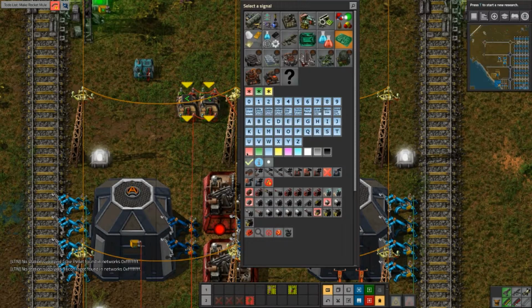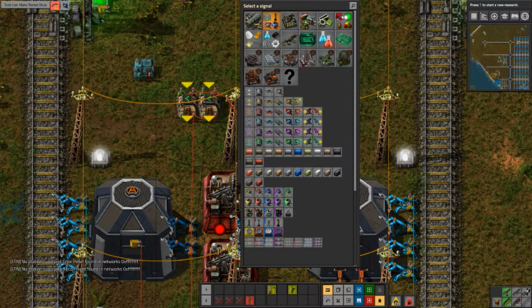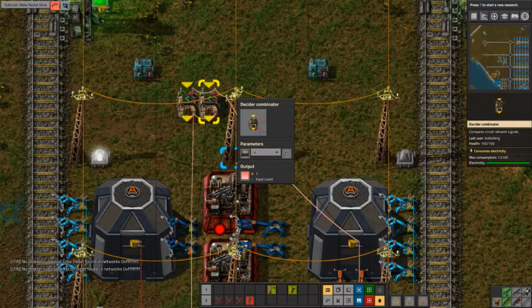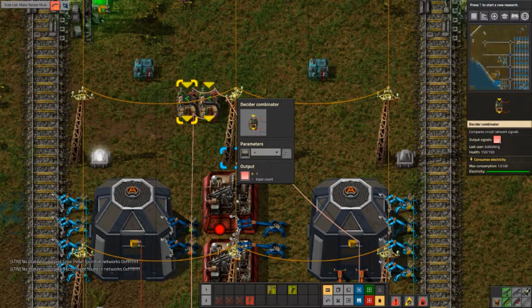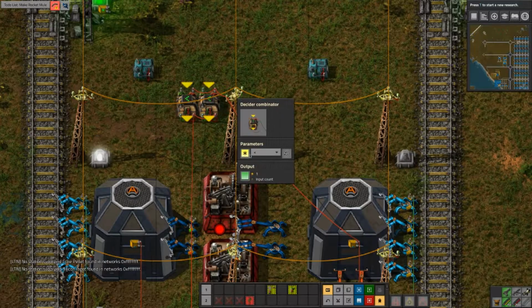Now I could set them up over here by means of... For example, you are pipe. I want to have, if it's less than 50 pipe, and you do less than 50 underground.